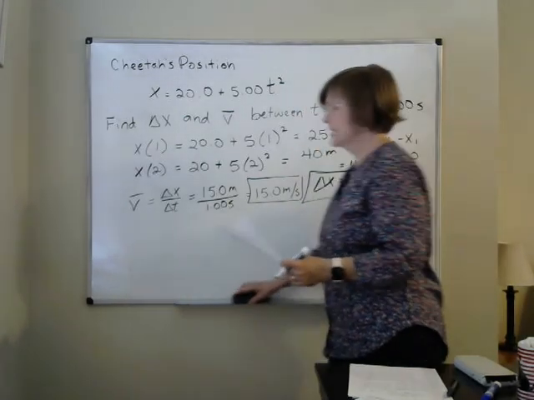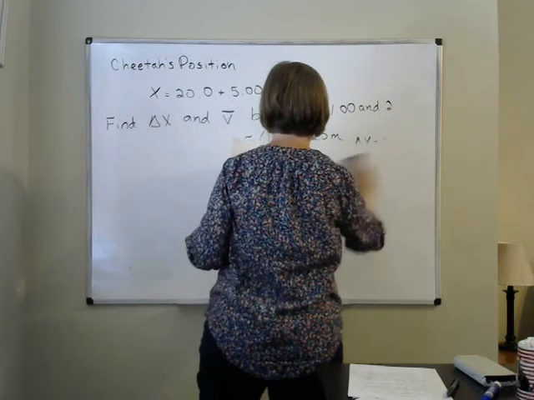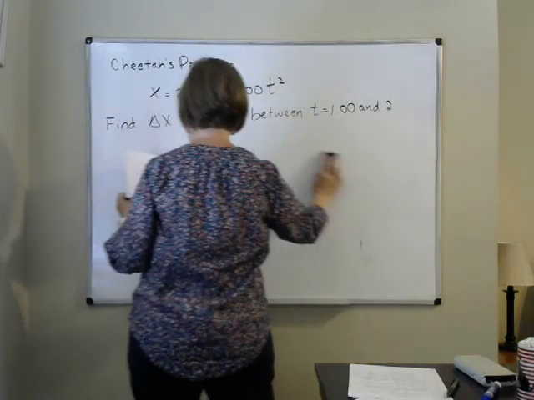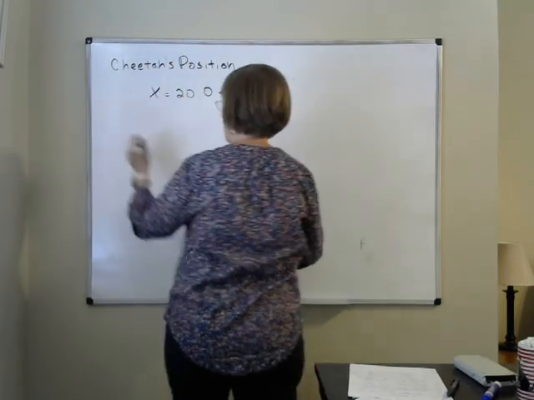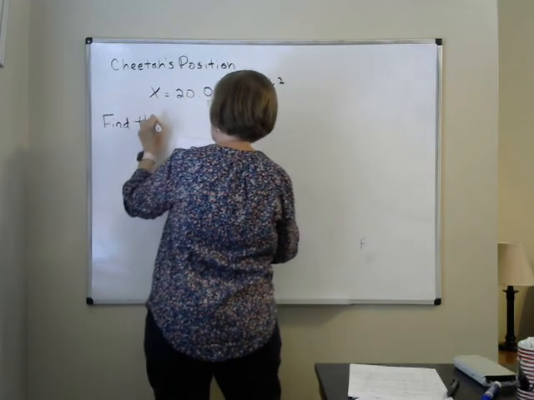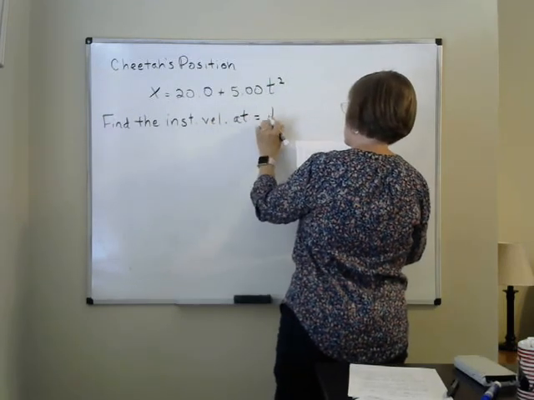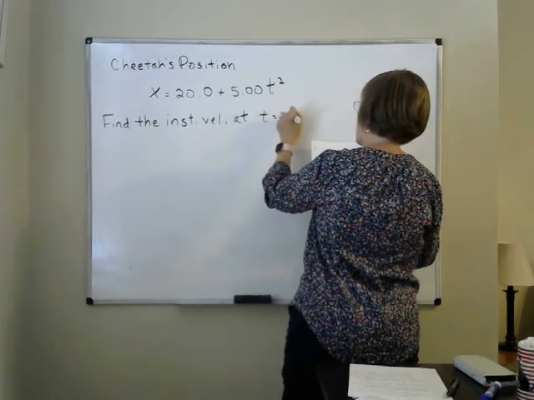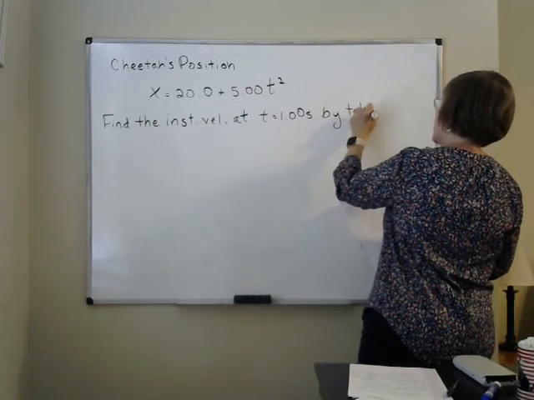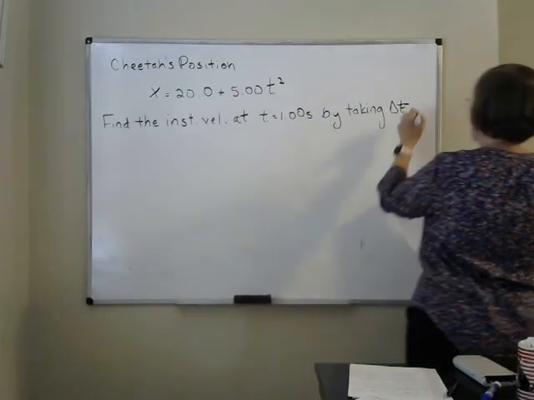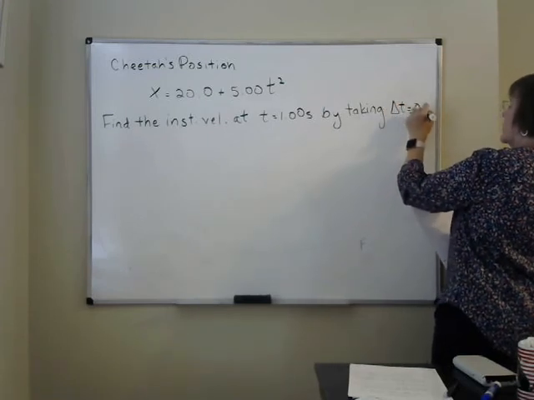Let's do a different problem with this same position function. Find the instantaneous velocity at t equal 1 by taking delta t to equal 0.100 seconds.